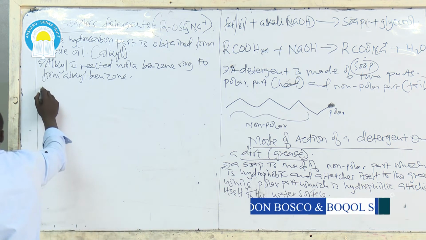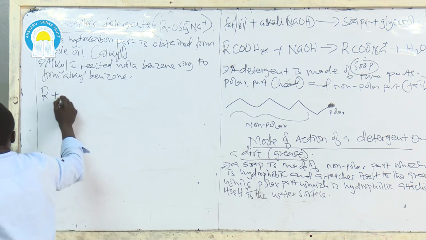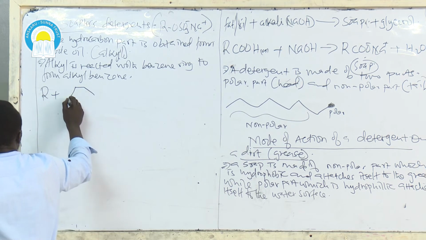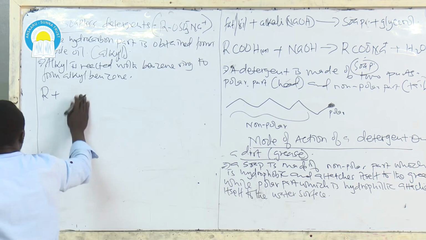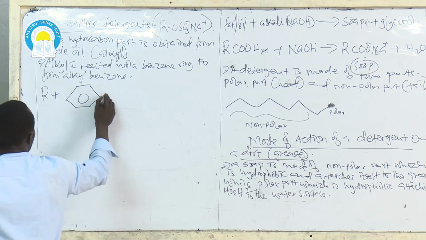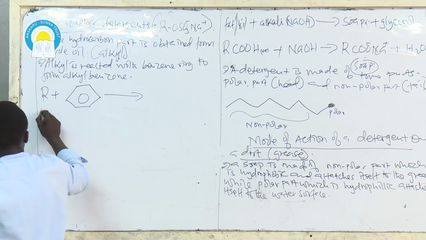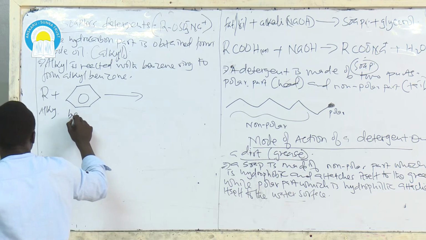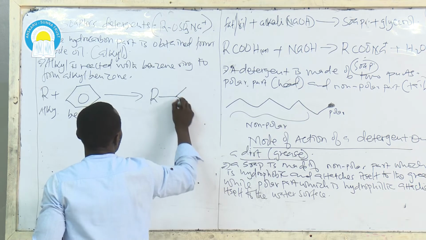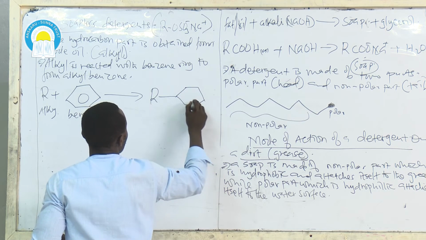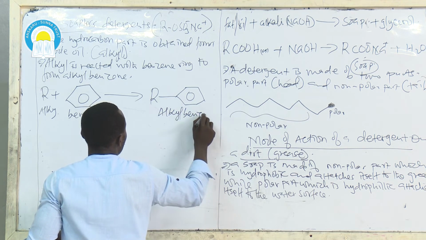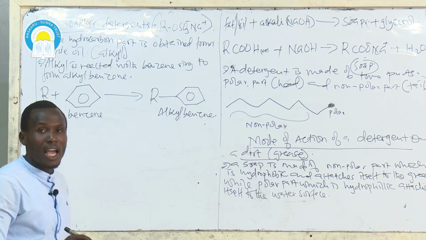So the hydrocarbon part, which is the alkyl R, plus the benzene ring. This is an alkyl, this is a benzene ring, giving us R. We call this one alkyl benzene.